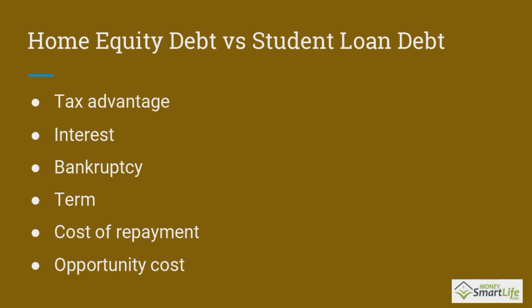When it comes to bankruptcy, should you fall into some dire economic situation and circumstance, you cannot bankrupt out of student loans for the most part, but you can bankrupt out of or have a second mortgage reduced. Even on your primary residence, you can have a second mortgage reduced.